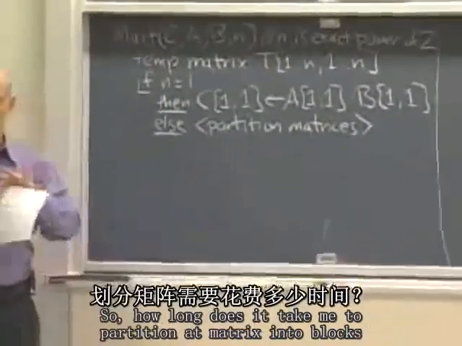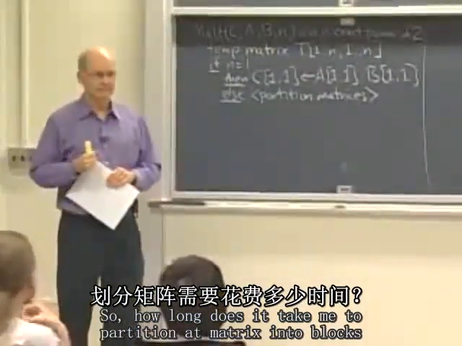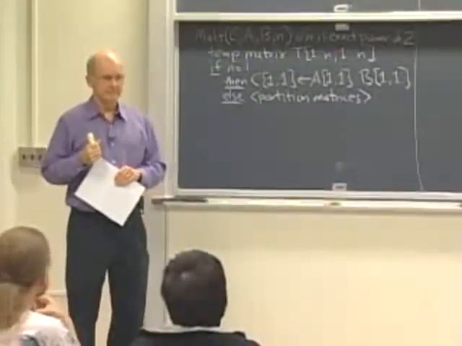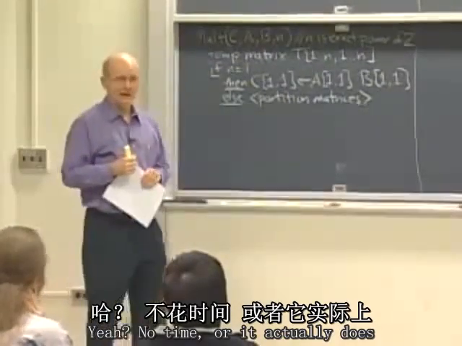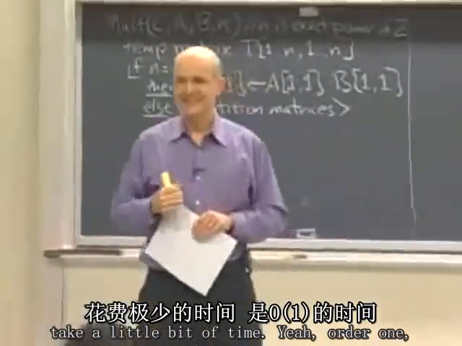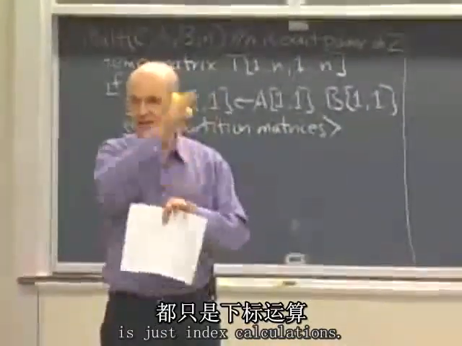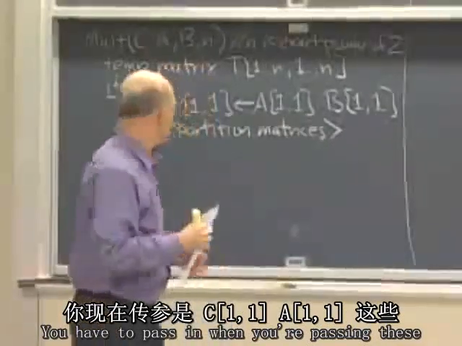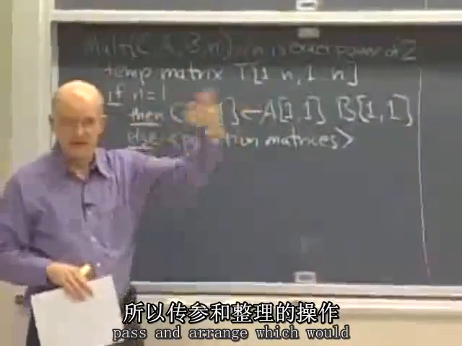So how long does it take me to partition a matrix into blocks if I'm clever in my programming? Yeah. No time, or it actually does take a little bit of time. Yeah, order 1, basically. Okay, because all it is is index calculations. You'd have to pass in, in addition to A, B, and C, for example, a range, which would have essentially a constant overhead.